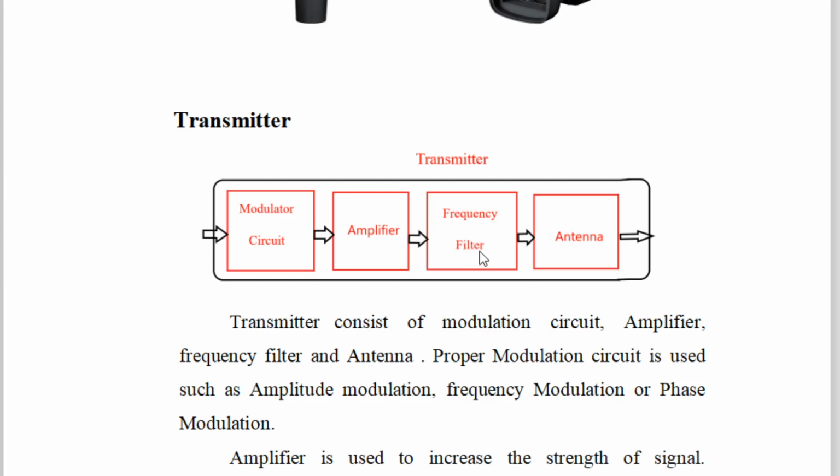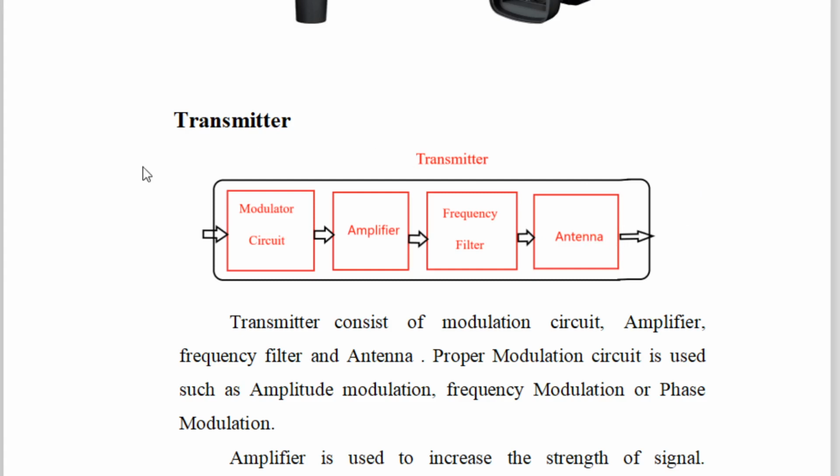And now, as I told you, if you want to transmit the information with the help of electromagnetic waves, then you use the antenna to convert that electrical signal into electromagnetic waves, and then that electromagnetic waves will propagate in free space with the speed of light.